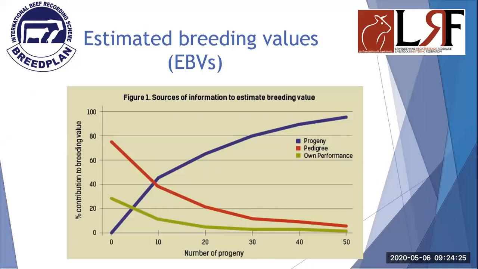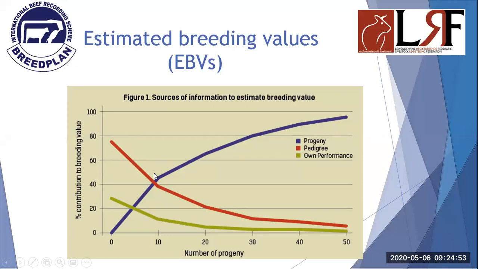So this gives you an idea of the weight that the information carries within the calculation. When the animal does not have any measurements of his own, the pedigree information contributes the most to the calculation. Then when he's measured for his own performance, that also counts.